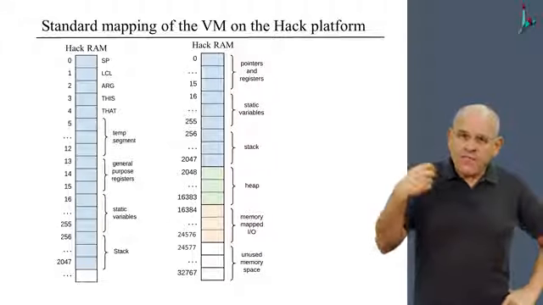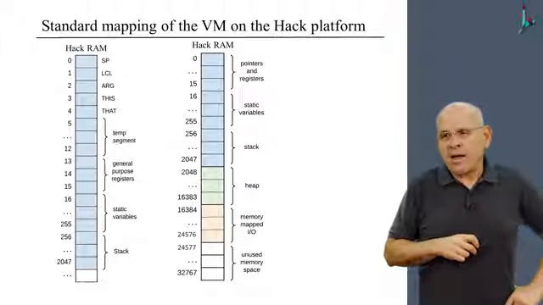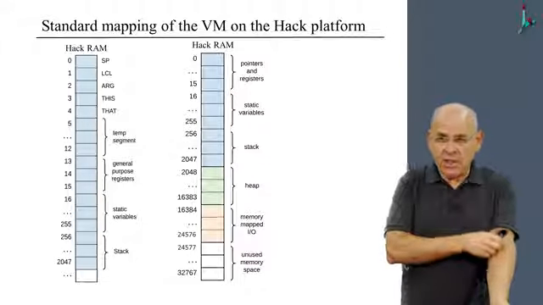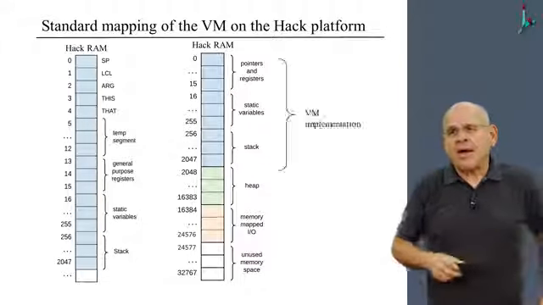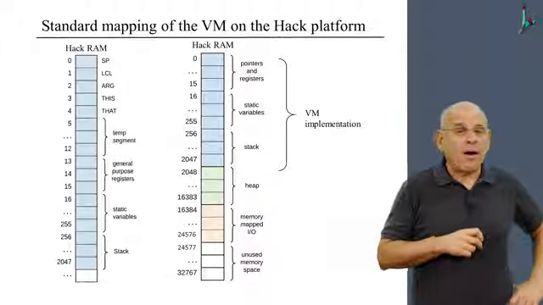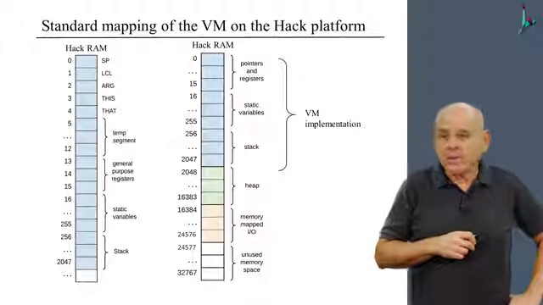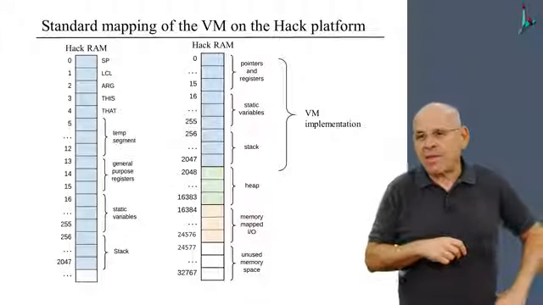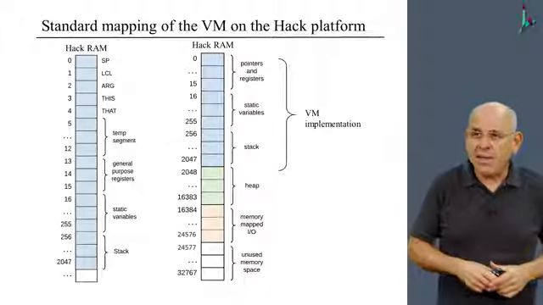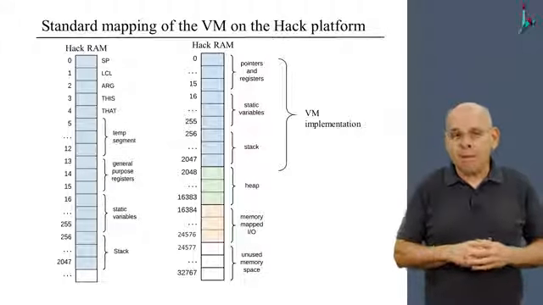And then we have several other areas on the host RAM, which we call heap, memory mapped I/O, and some unused space. And as far as the VM implementation is concerned, we worry only about the top 2K of the RAM, and everything else is something that is going to be used for other purposes. Purposes that are not within the jurisdiction of the VM implementation.